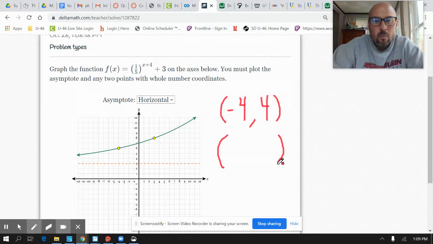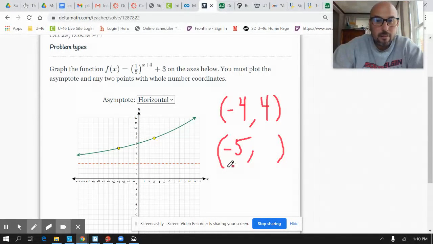And then now I need one more ordered pair. You know how this is 1/5? Well, can I make that 5? Yes, I can. That would flip the base only if the exponent is -1, because 1/5 to the -1 is 5. So what would the x be so that my exponent is -1? Answer, -5.